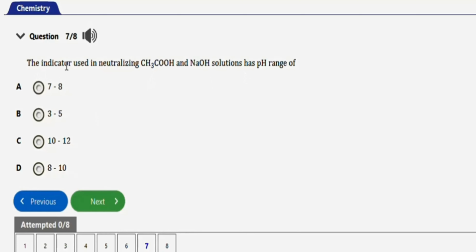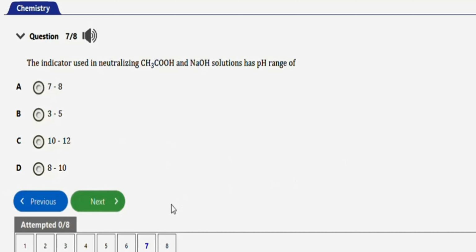So the indicator used in neutralizing ethanoic acid, which is a weak acid, and sodium hydroxide solution has a pH range of, so sodium hydroxide is a strong base. The pH range for a reaction between a weak acid and a strong base is usually between 7 and 11. So the right option would be option D, which is 8 to 10. 8 to 10 falls between 7 and 11. So that's for this question.